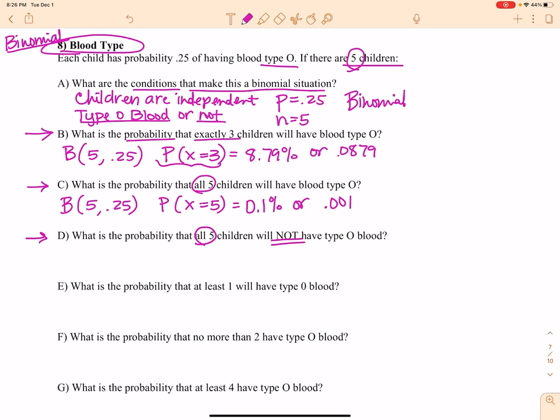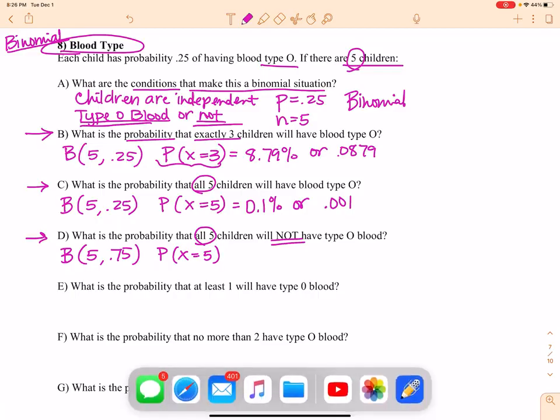And then part D, what is the probability that all 5 children will not have type O blood? So this is going to be a situation of failure. So success versus failure. So I'm going to write this as binomial 5, and I'm going to use 0.75 here. And then I'm going to go back into Stapplet.